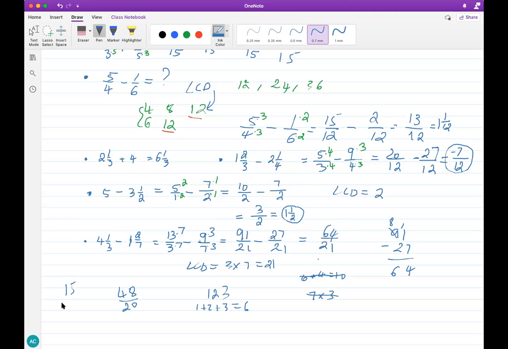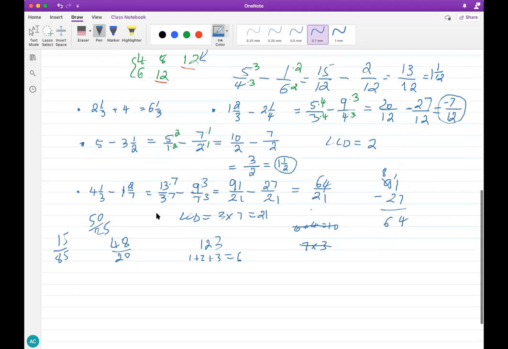If numbers end in 5 or 0, they're divisible by 5. For example, 50 and 25. You can divide this by 5. So this is by 5, this is by 2, this is by 3. At least know these 3 tricks. They can make your life a lot easier in math. You can simplify things quicker and faster.